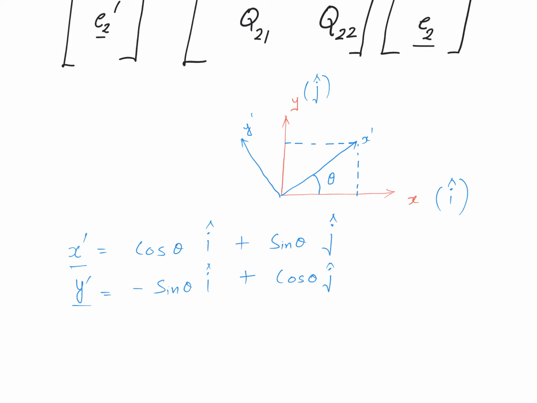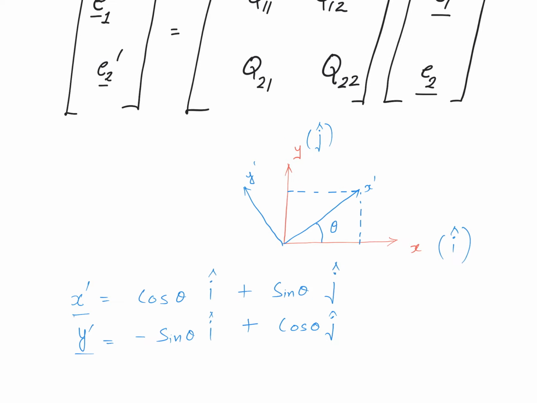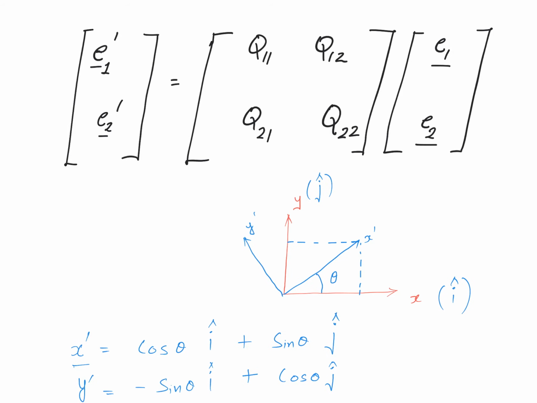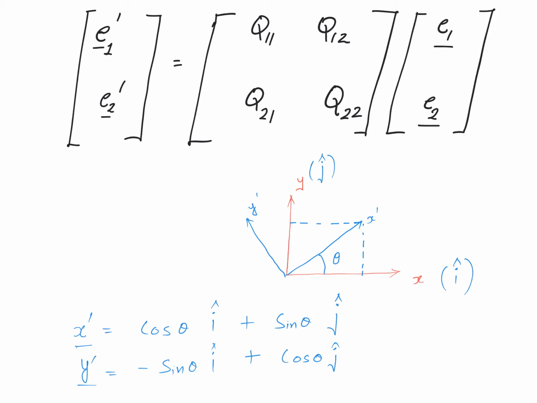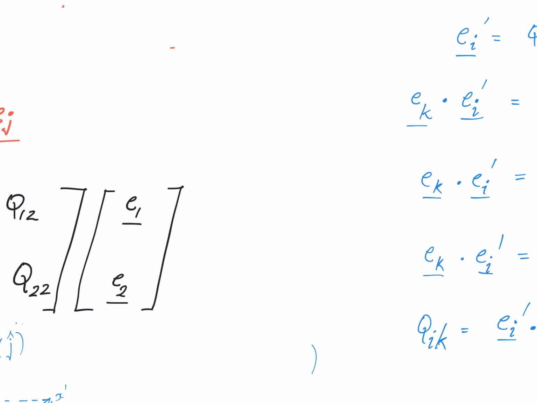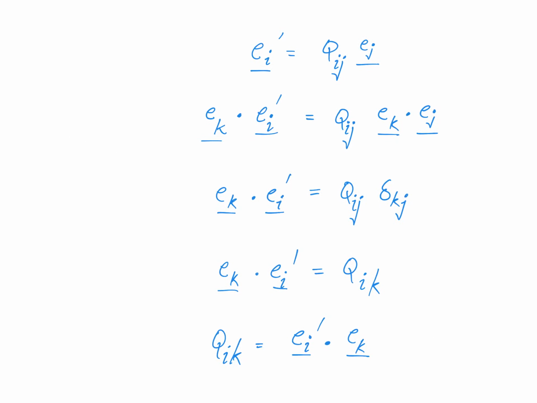Now we need to evaluate what are q11, q12, q21, q22. We already evaluated them over here. Like this, to get a more general idea of evaluating q11, q12, q21, q22, if you are not comfortable with index notation, you can skip this, but let me just explain that.